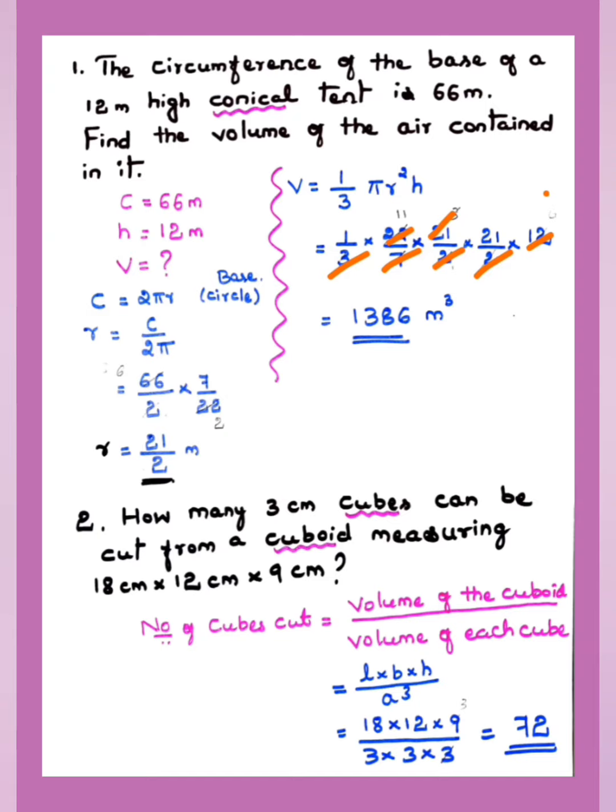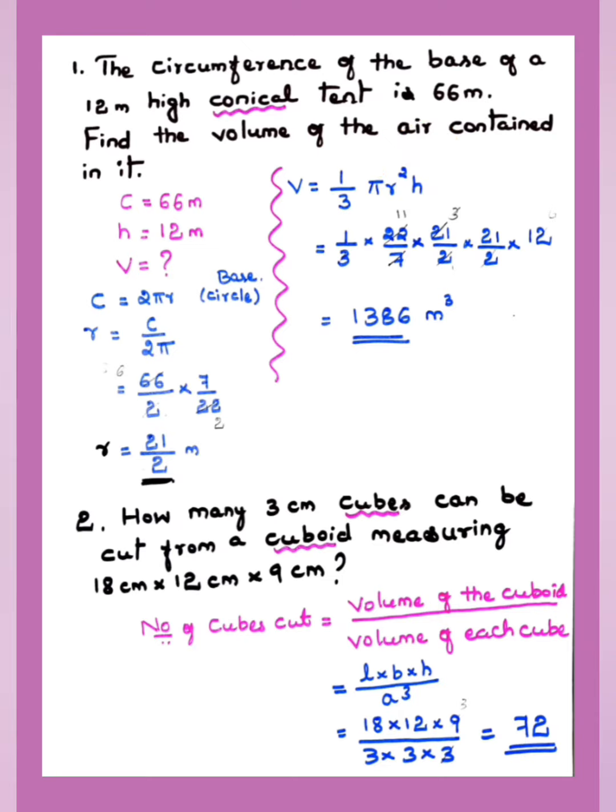Again 3 1s are, 3 7s are. So you can cancel and find the final answer by multiplying the remaining terms. That gives us the answer 1386 meter cube. So this is the answer. Volume of the air contained in the conical tent is 1386 meter cube. For volume, unit is meter cube.